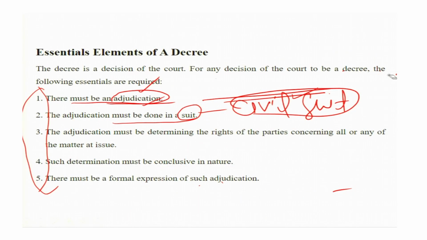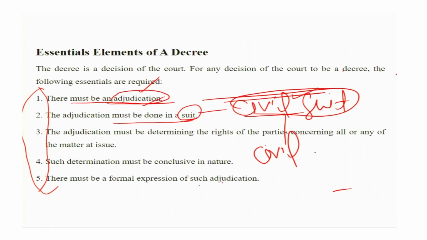Adjudication must be done in a suit, a civil suit, and a civil suit is always filed. You do not get a decree on the basis of an application or by presenting an application. You get a decree by presentation of a plaint. So, this is the first condition, the prerequisite, the precondition of a decree. If you file a civil suit as per Order 7, if you file a plaint, then for a civil suit you have to follow the civil proceeding.